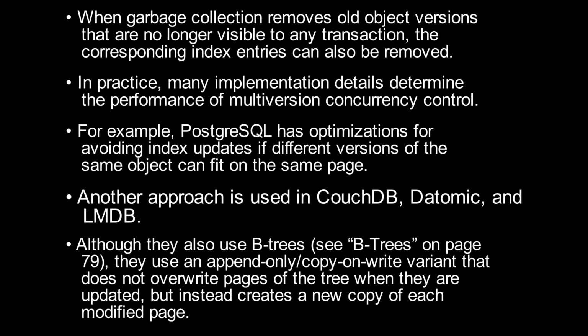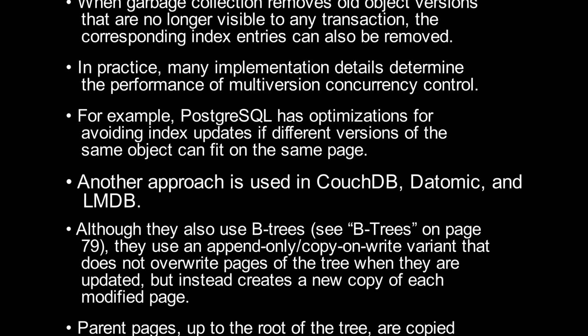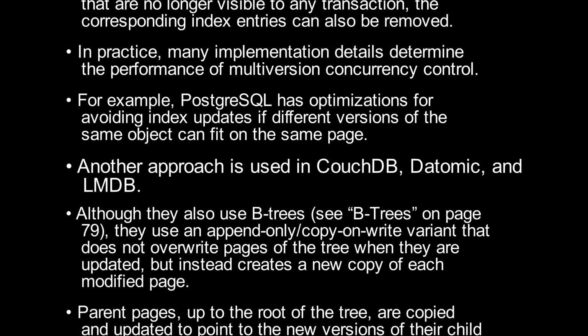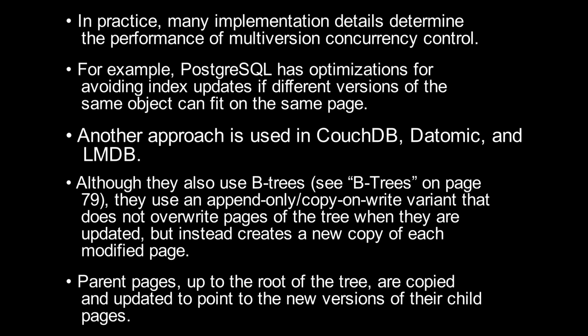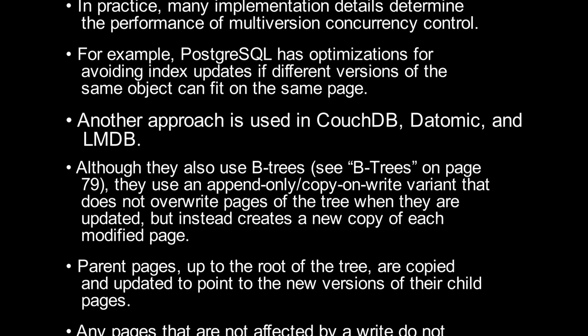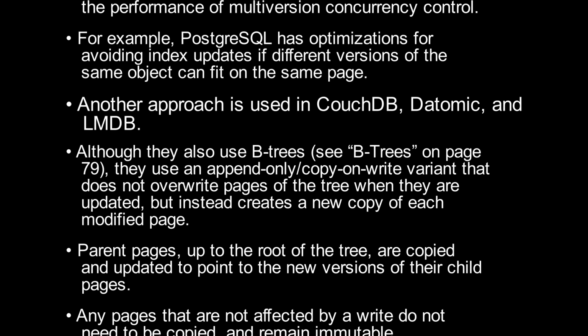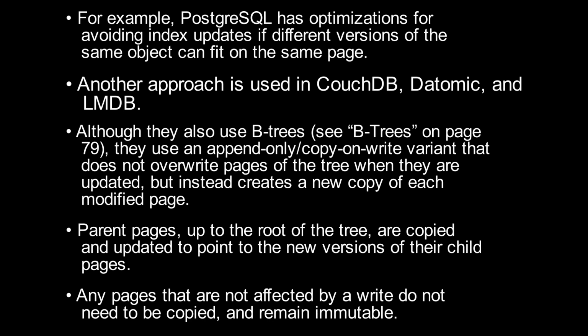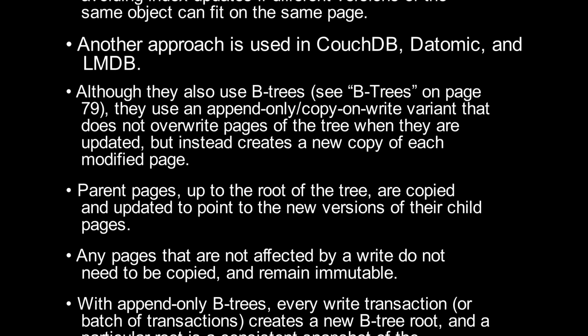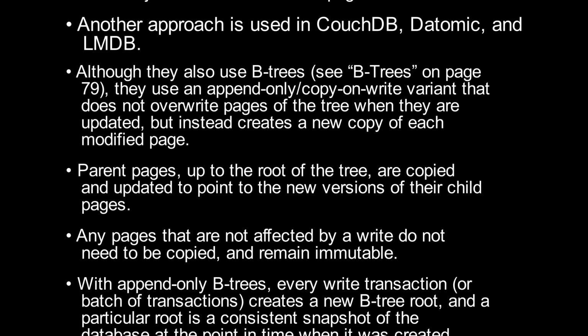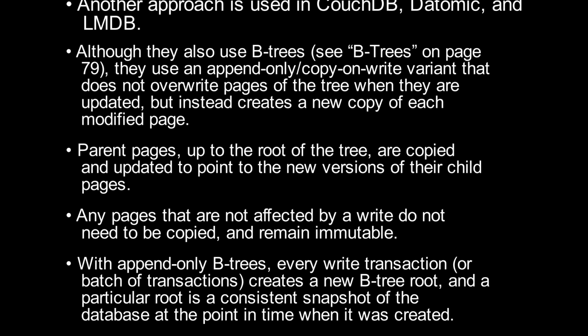Although they also use B-trees, see B-trees on page 79, they use an append-only/copy-on-write variant that does not overwrite pages of the tree when they are updated, but instead creates a new copy of each modified page. Parent pages, up to the root of the tree, are copied and updated to point to the new versions of their child pages. Any pages that are not affected by a write do not need to be copied and remain immutable.